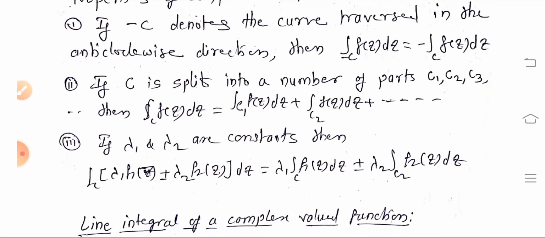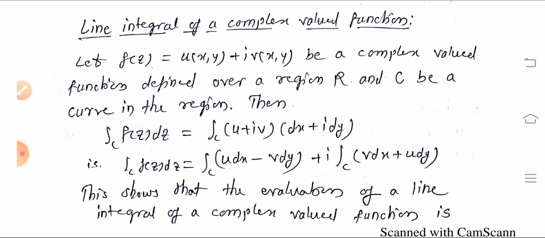Next is the line integral of a complex valued function. Let f(z) equal to u(x,y) plus i times v(x,y) be a complex valued function defined over a region R, and C be a curve in the region. Then integral over C of f(z) dz equals integral over C of (u plus iv)(dx plus i dy).